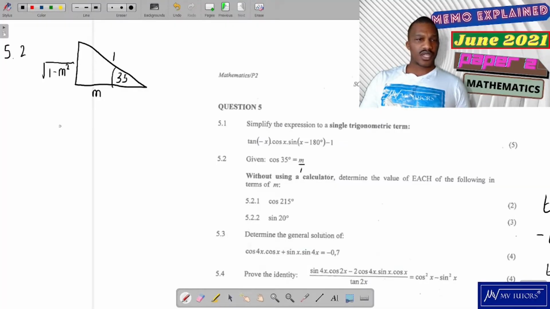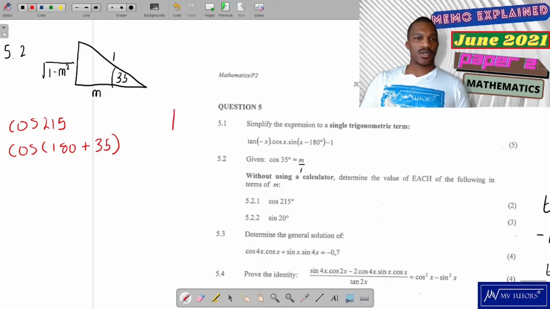The question says cos of 35. Oh, there we go. I actually want the cos of 215. Now we need to figure out 215 in terms of 35. So we'll say cos, I think it's 180 plus 35.